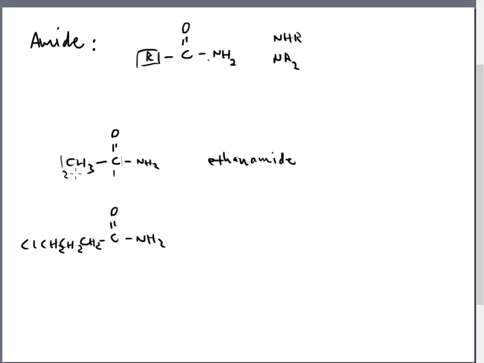So what does IUPAC say? What's the longest carbon chain? The longest carbon chain is 1 and 2 and 3 and 4. So that is a butane. But drop the E, and what ending are you going to add? Amide. Okay, well, there you go. Butanamide. That is the name of this structure, butanamide.